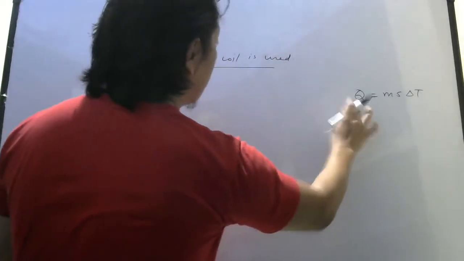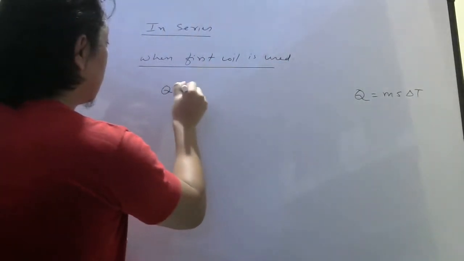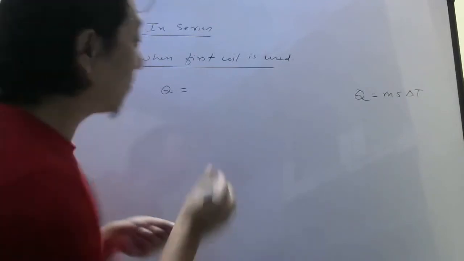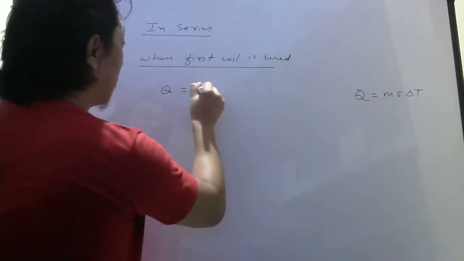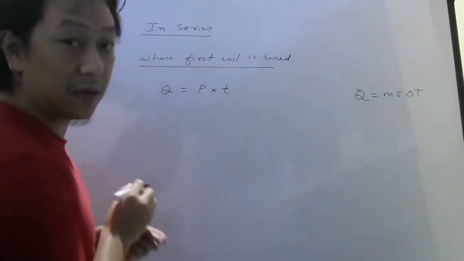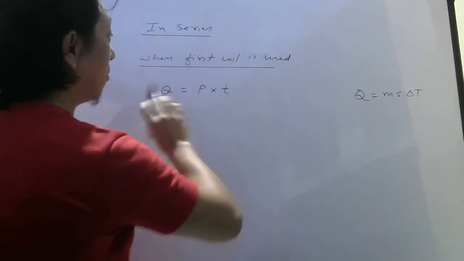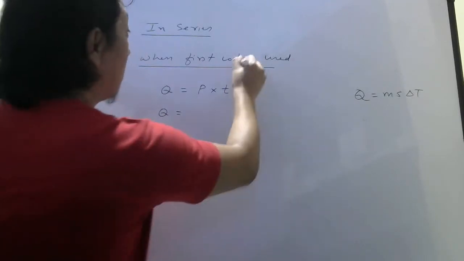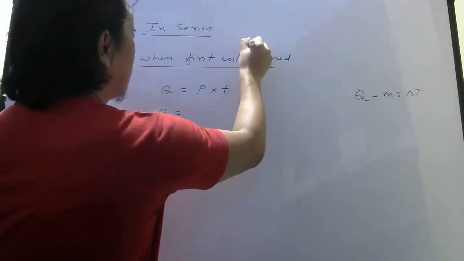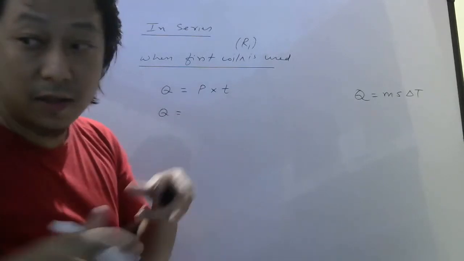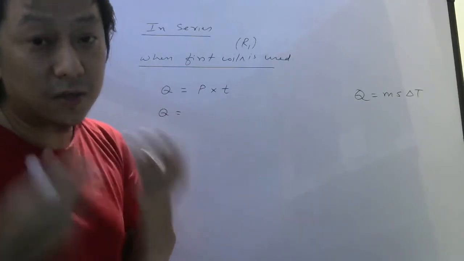So when the first coil is used, this much heat is provided through the power which is consumed through the electricity. And what is heat energy? Power into time, right? So power in the first case, when only one coil was used, let us say the resistance of that coil is R1. Also, we have to assume that the power supply voltage is constant.